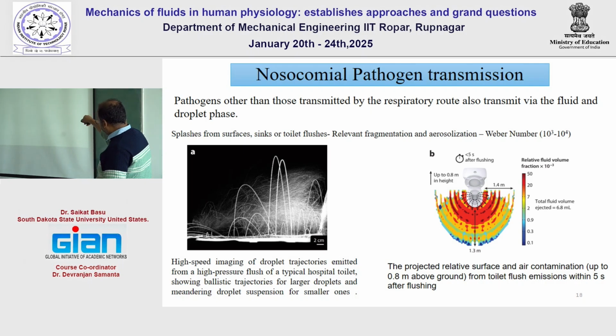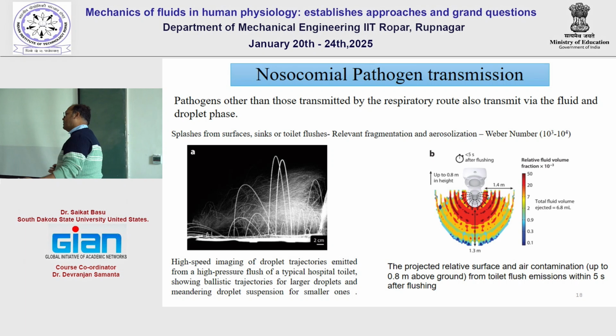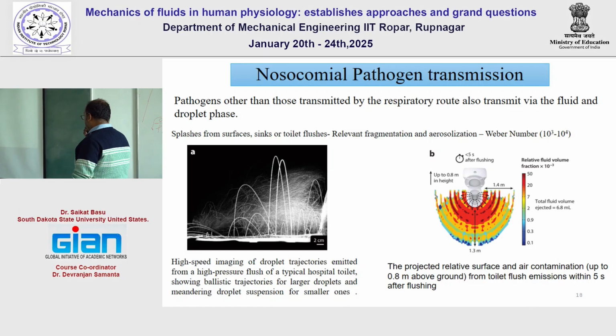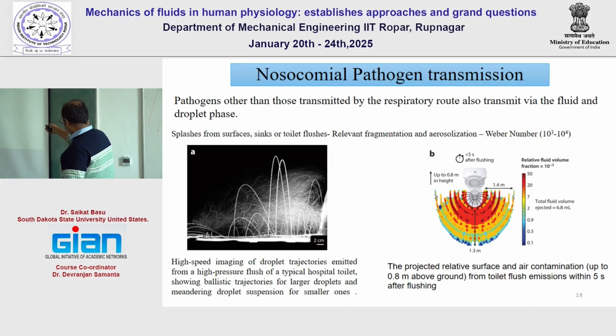So here, the splashes from the surfaces involve the relevant fragmentation process which we just discussed, and the aerosolization, basically the smaller droplets released in the air. For this whole process, the relevant Weber number is 10 to the power 3 to 10 to the power 4.